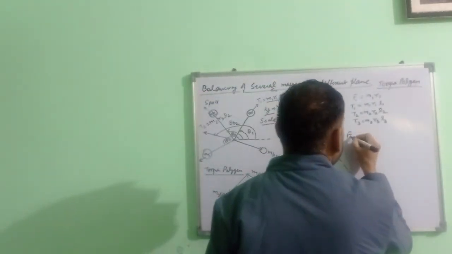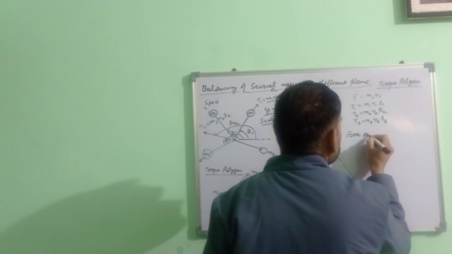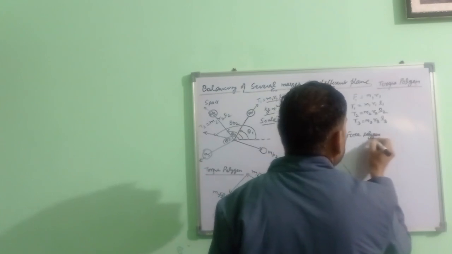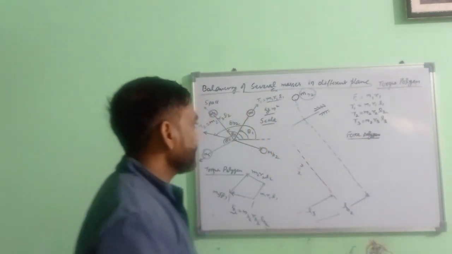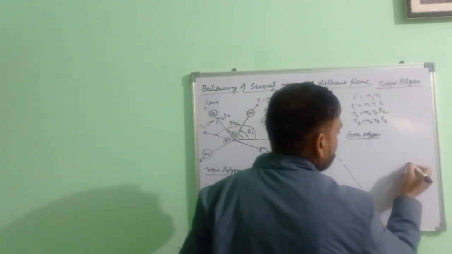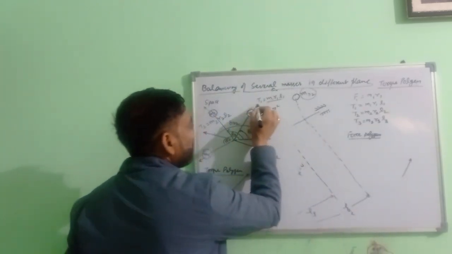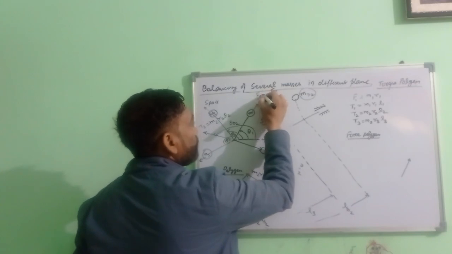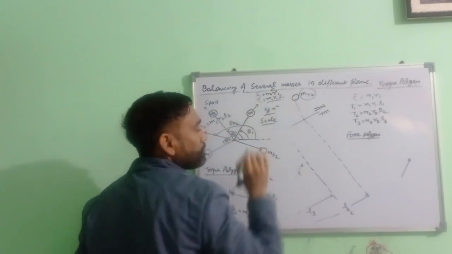So force polygon. Similarly in this diagram, this is the force F1. We draw the force F1. What is the value of F1? F1 equals m1 into r1.